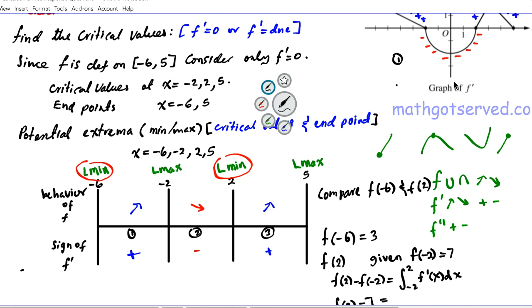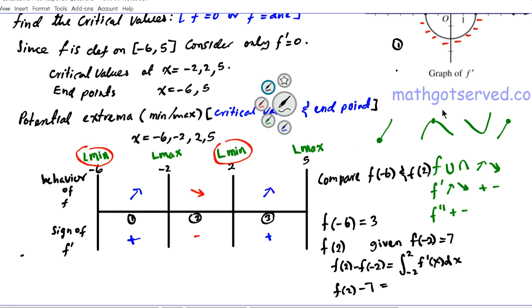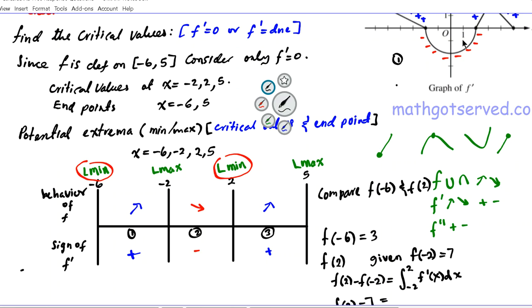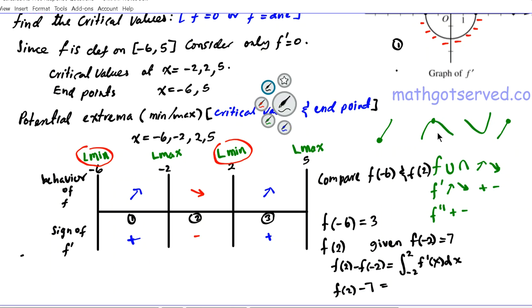The area from -2 to 2 is this semicircle portion right here. But it's underneath the x-axis, so it's going to be a negative area. The area of a semicircle flipped upside down is negative pi r squared over 2, with radius 2.